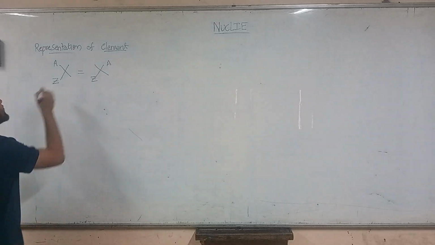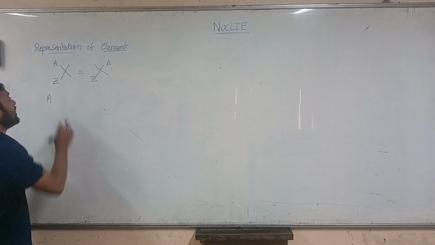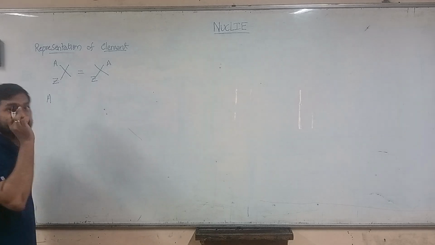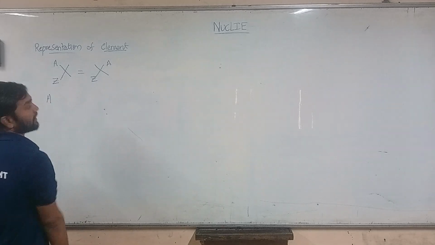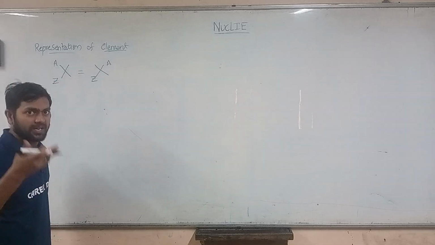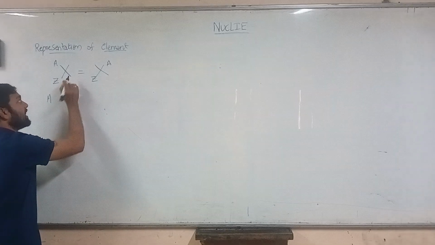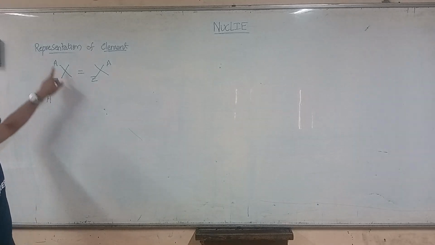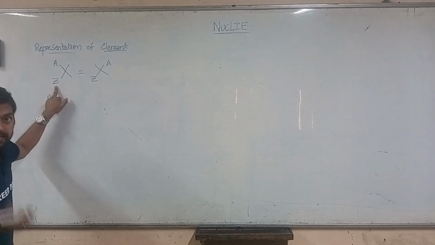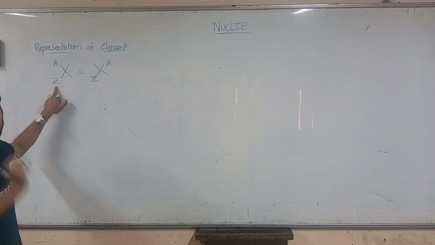So what does this A indicate, and what does this Z indicate? A is the mass number of the element. Here we are taking the element X, that means any element, whose mass number is A, and here we have Z. Z is the atomic number.